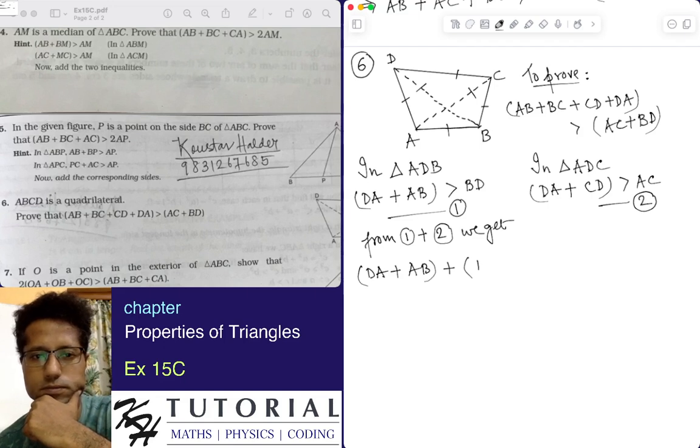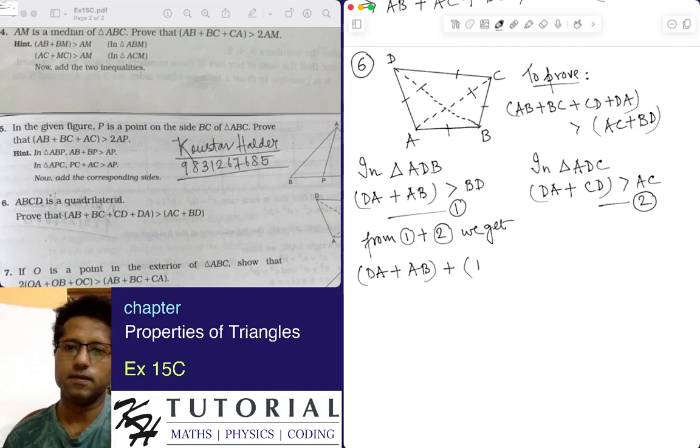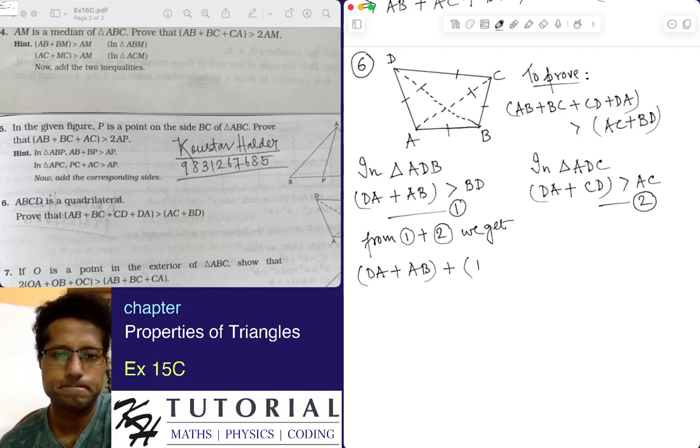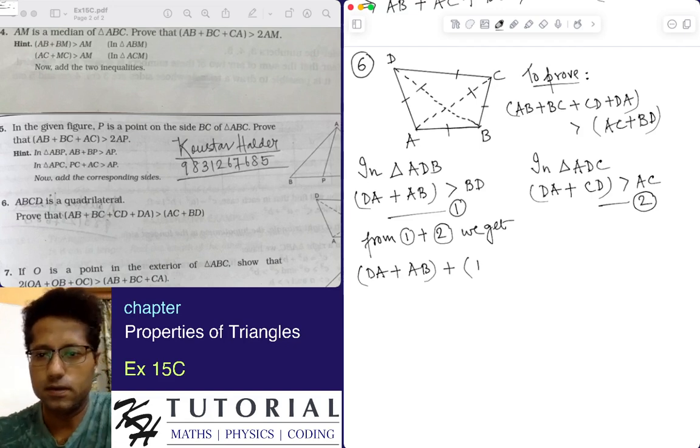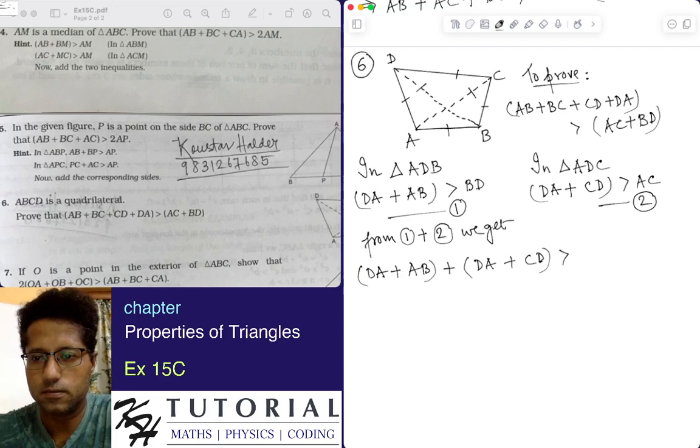So we are getting twice DA. We get DA plus CD is greater than BD plus AC.